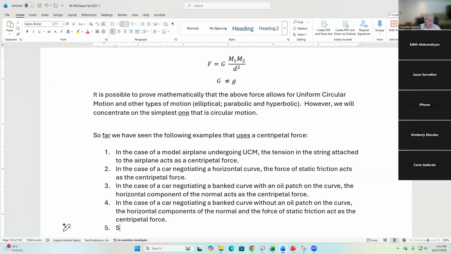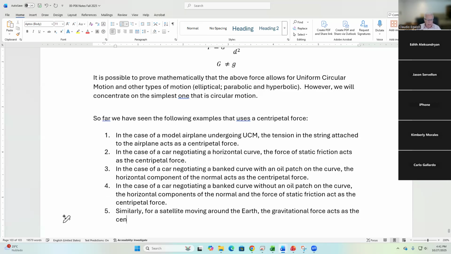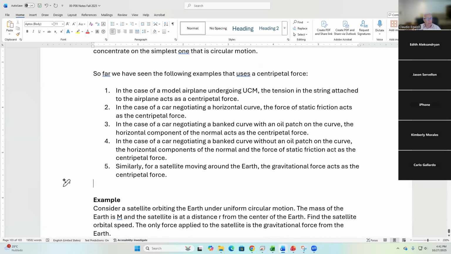Similarly, for a satellite moving around the Earth, the gravitational force acts as the centripetal force. And that's what we're going to do now. See 5 different examples that use centripetal force, 5 different types of centripetal force, right?